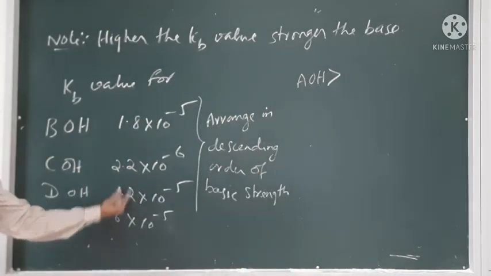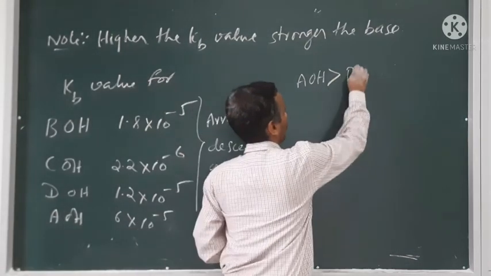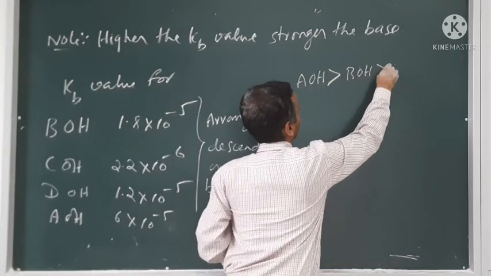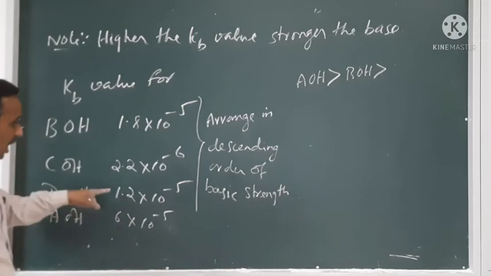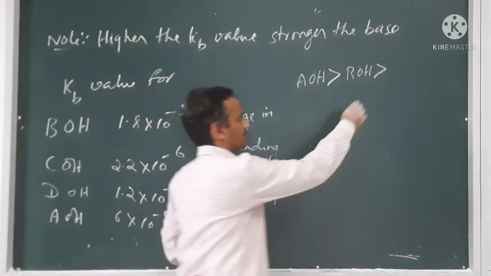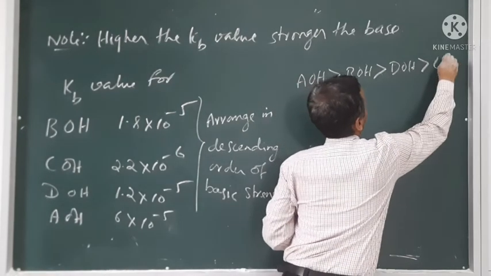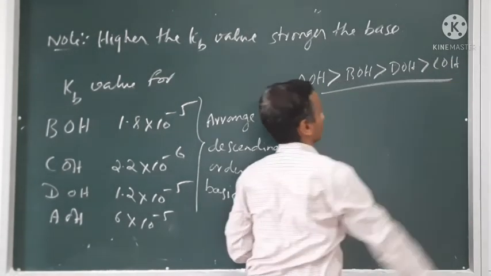After 6 into 10 to the minus 5, it is 1.8 into 10 to the minus 5, BOH greater than. After that, we see 1.2 into 10 to the minus 5, DOH. Then COH. Note it properly.